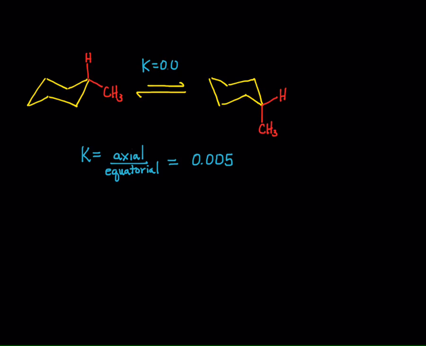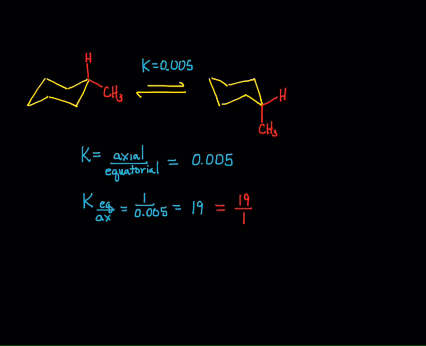And so oftentimes we'll write it up here, K equals 0.005. Well, I can also think of it in the opposite direction, that K equatorial to axial is 1 over 0.005, so I've simply flipped it. And so if I take 1 divided by 0.005, I get 19.